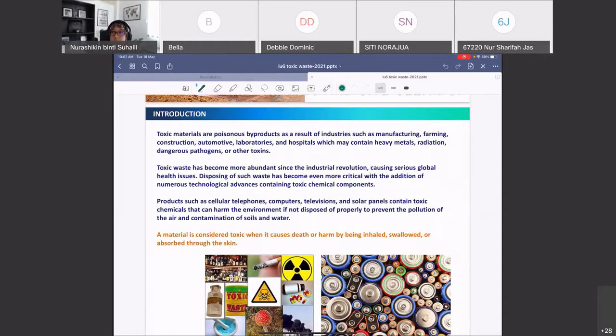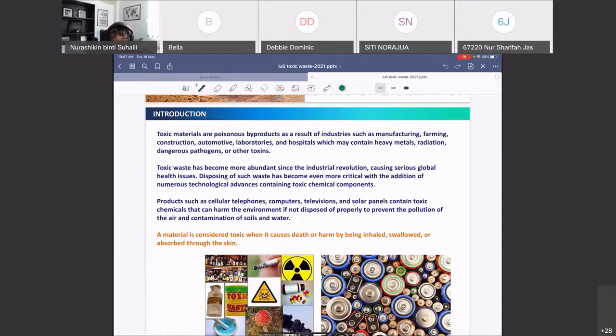But since the evolution of industry is increasing, there is also a large amount of toxic materials that come from man-made processes, normally from the operations of the plants. For example, the manufacturing industry, farming, construction, automotive, laboratories, hospitals.